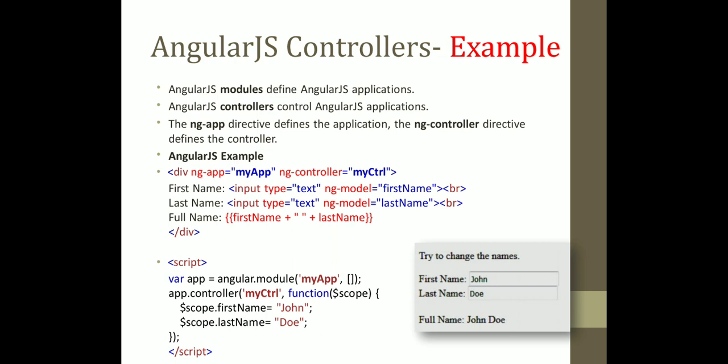Then the ng-app directive defines the application, and the ng-controller directive defines the controller. These three things are a must in your AngularJS controller answer. While answering any question related to the AngularJS controller, the answer must contain these three lines. So revise and keep it in mind.